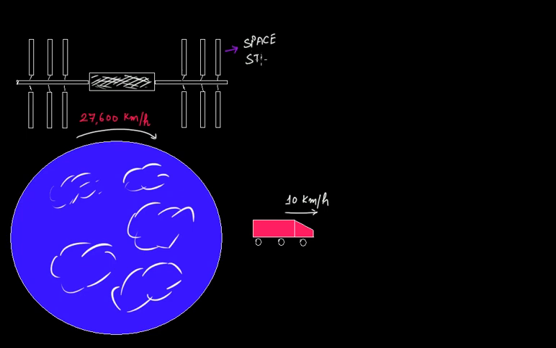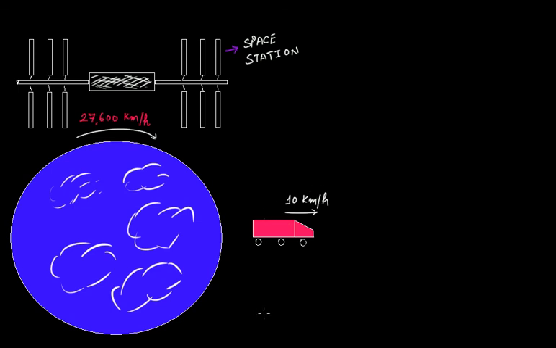The space station revolves around the Earth, in the lower Earth orbit, moving at a speed of 27,600 km per hour. In 1 hour, it travels 27,600 km. Now, there is a truck moving on the road of our planet, at 10 km per hour.